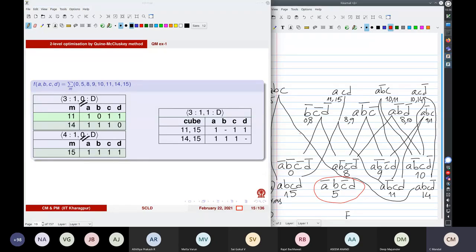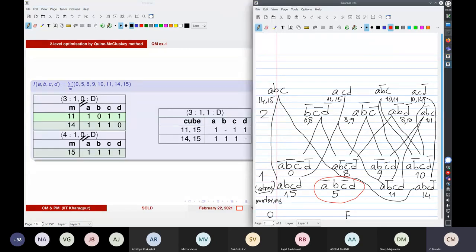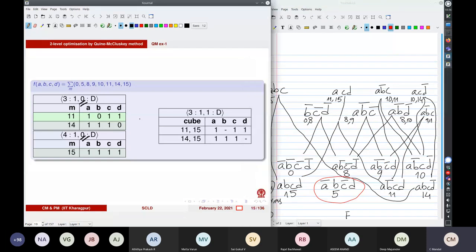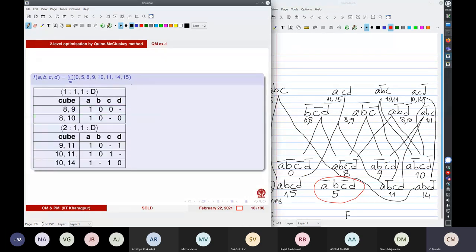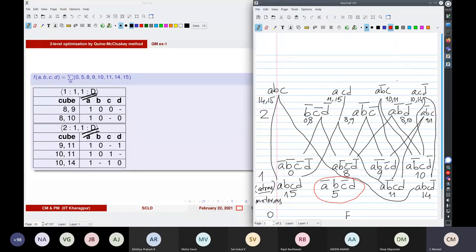Sorry, this is level 0. In level 1, you had 0 number of don't cares. In level 2, you'll have cubes with 1 don't care position. So now you are combining cubes having one number of don't care.